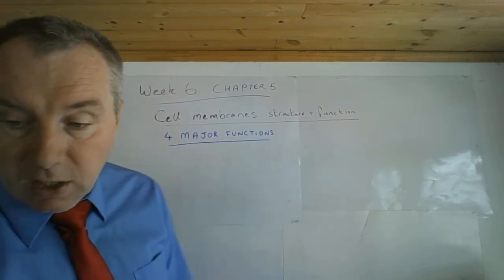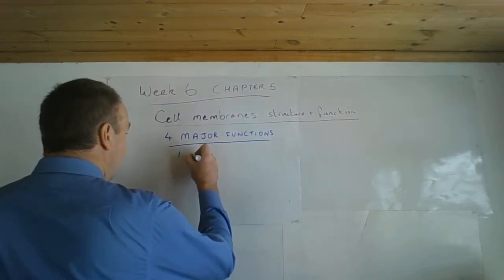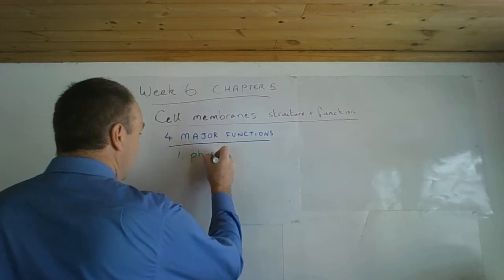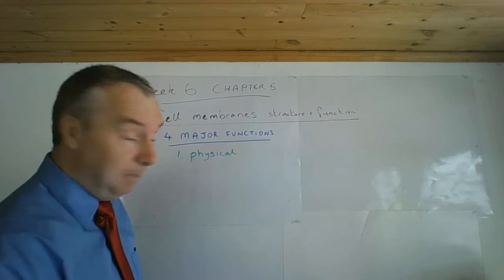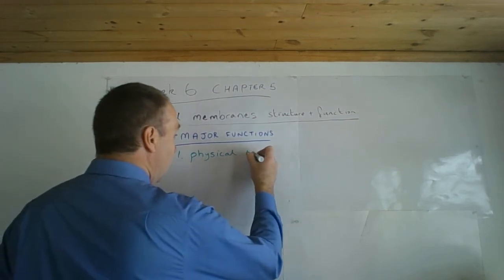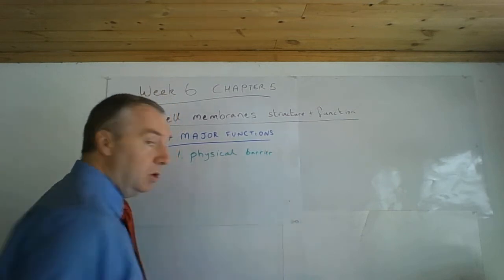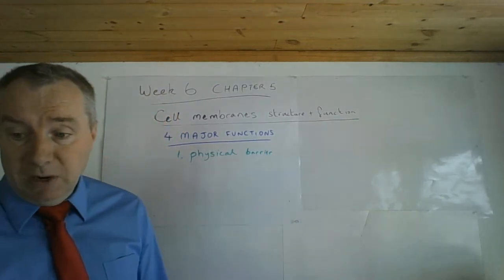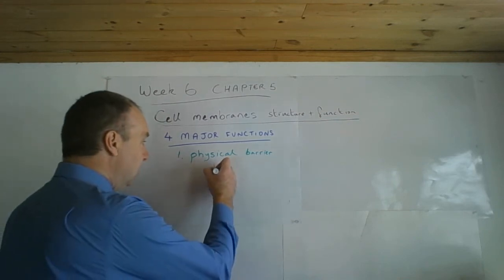Number 1, it is a physical barrier to the environment outside of the cell. So you might say, well, why would it need a physical barrier? Well, that's because it needs some protection from the outside.